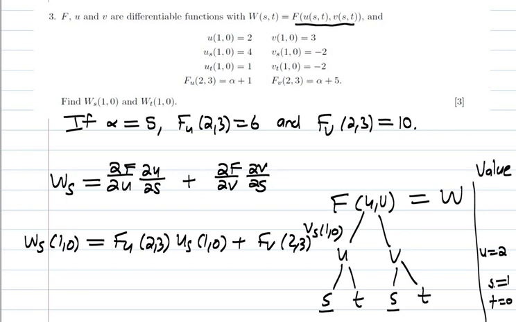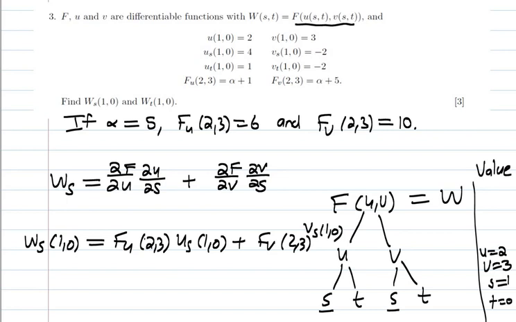Likewise, if S is 1 and T is 0, then V(1, 0) corresponds to 3, which means V is equal to 3. And this is why I use the values 2 and 3 here, because if S is 1 and T is 0, then U evaluates to 2 and V evaluates to 3. Hence why we have this.